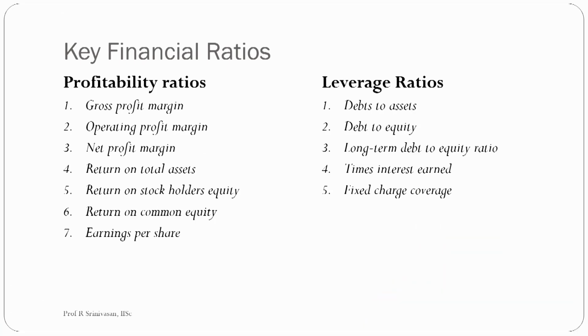The next ratio which you look at with respect to leverage ratios is what is called the fixed charge coverage. What is this fixed charge coverage? It is a more inclusive indication of the firm's ability to meet all its fixed charges obligation.